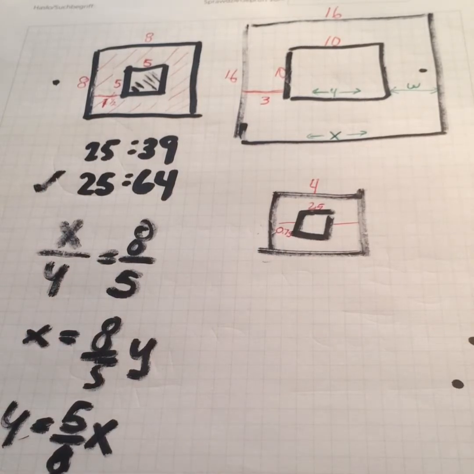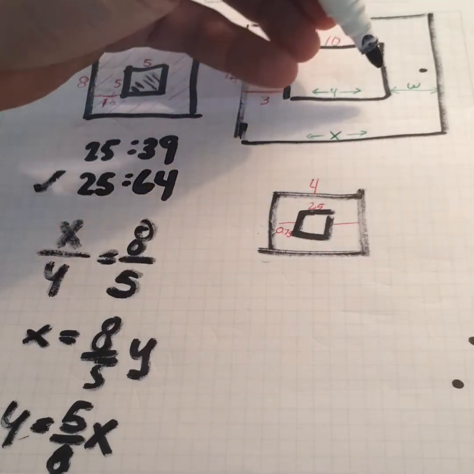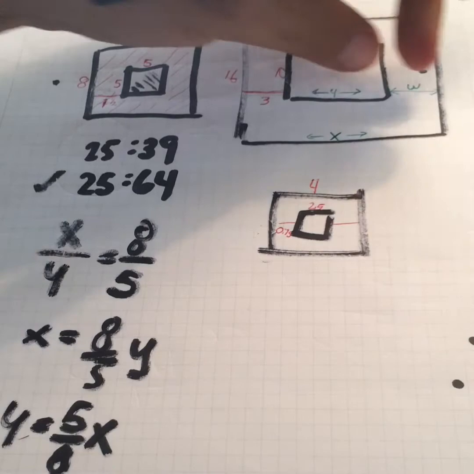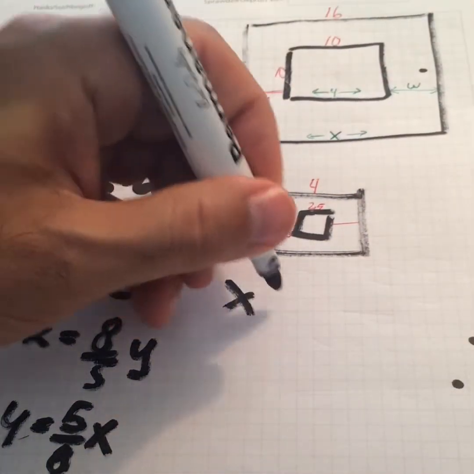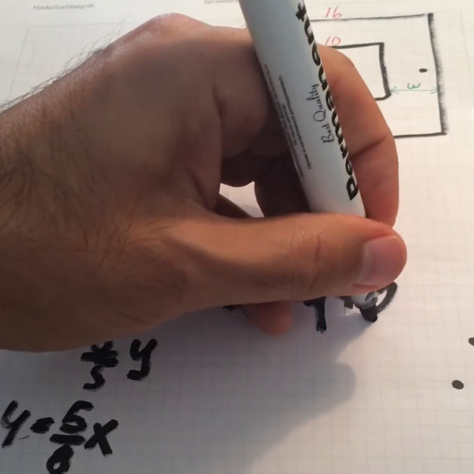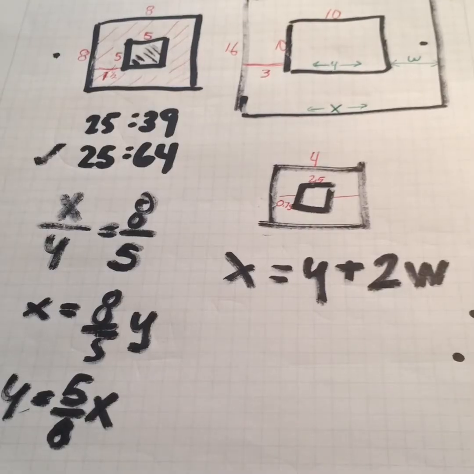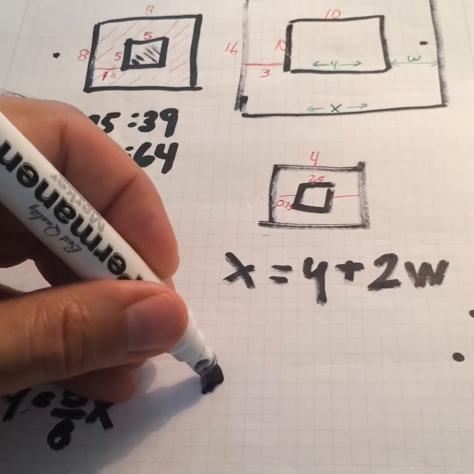We also know that x equals y plus 2w, right? X equals y plus 2w. And finally, if we use substitution, we could end up with the following equation.